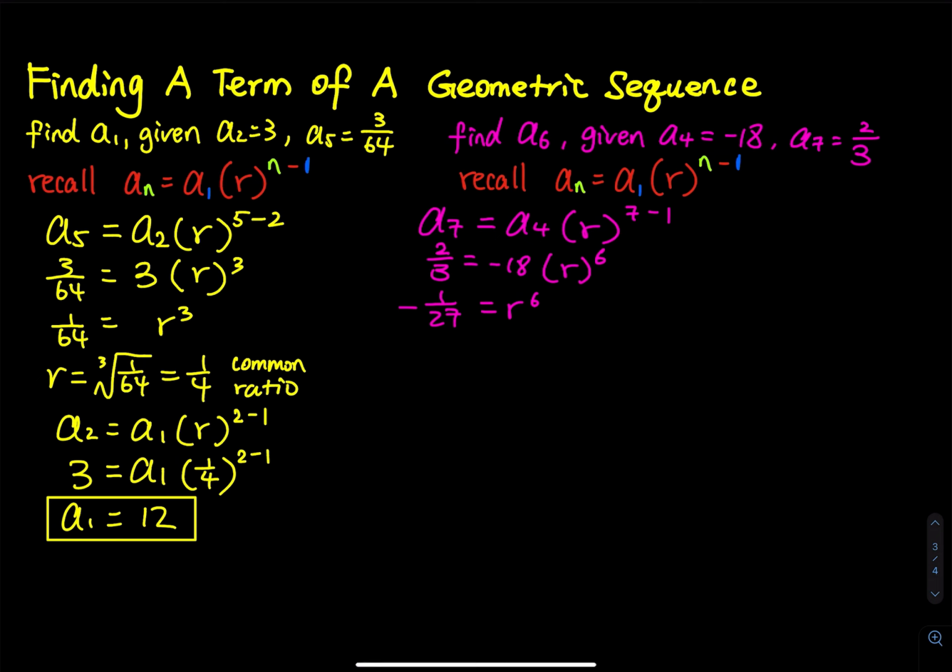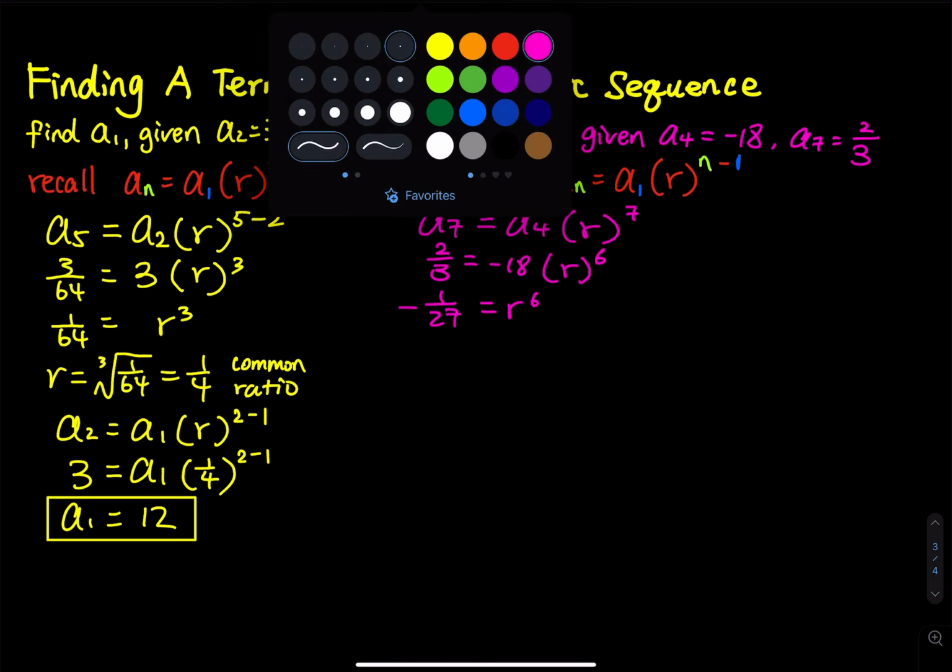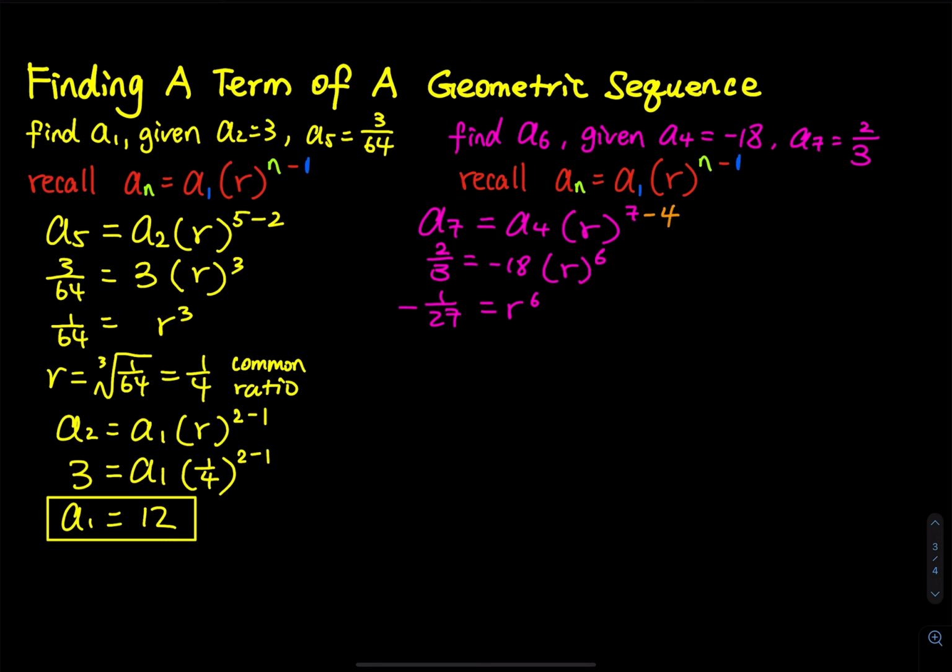This time, 7 minus 4. I keep saying 7 minus 1, so I'm going to do something about it. I'll write a minus 4 like this, and the 4 is this 4. So 7 minus 4 is equal to 3, and this is the third power.